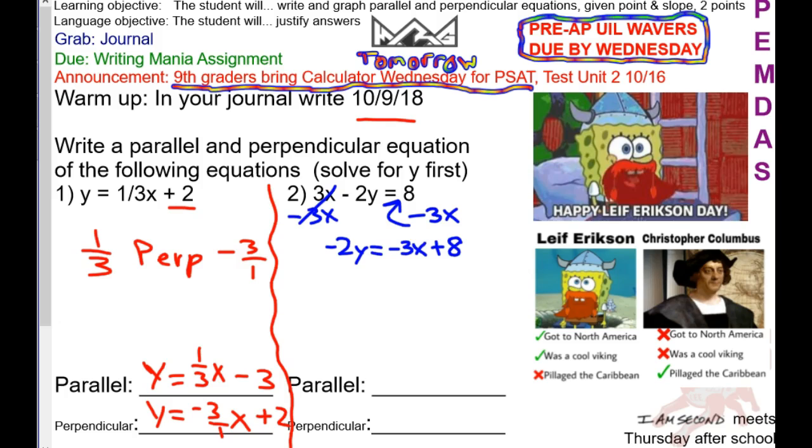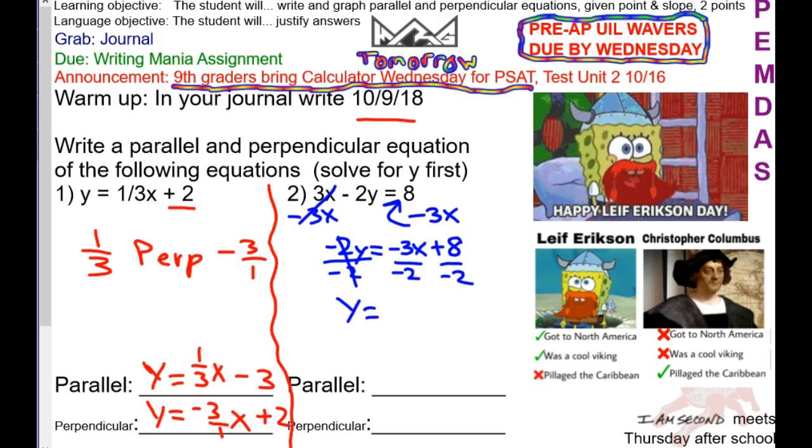Does everyone see 8 and the minus 3x don't make 5? They're not 5x. Doesn't work like that. So yes, to get y by itself, we need to get rid of this coefficient. Always we divide. And we divide by the exact same thing, -2. Everything gets divided by -2. Okay.